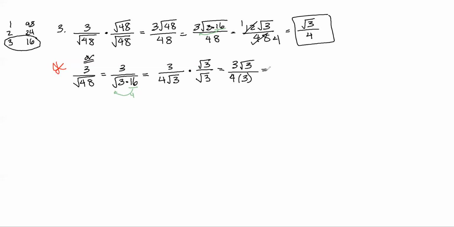So 4 times 3 is 12. Now if we reduce, notice how the numbers are similar to what we have up here, but smaller. 3 goes into 3 one time, 3 goes into 12 4 times. Same answer, but you get to work with smaller numbers.